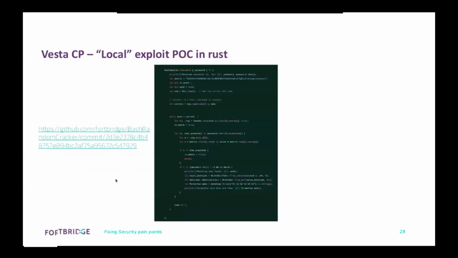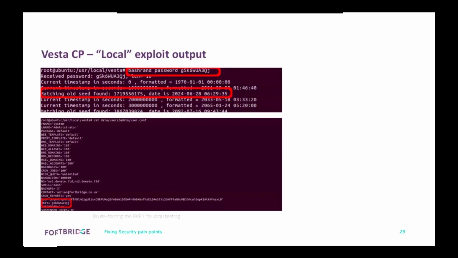This is how the code looks. I'm not sure how visible. Anyway, it's just a simple brute force. It iterates over all the timestamps, 4 billion values. And basically, it finds out the seed that was used to generate a certain token. And here you can see how it looks in practice.